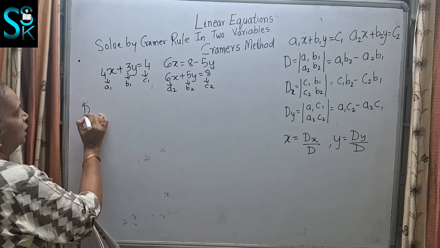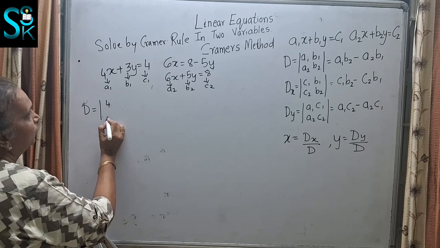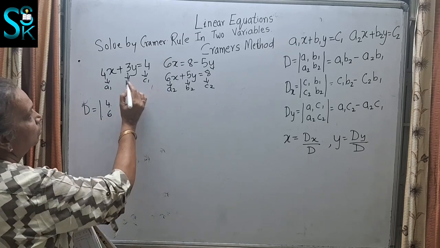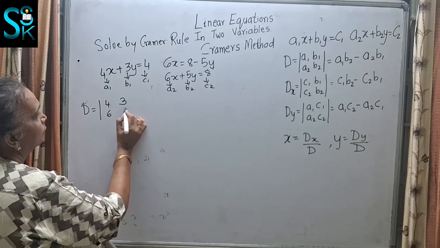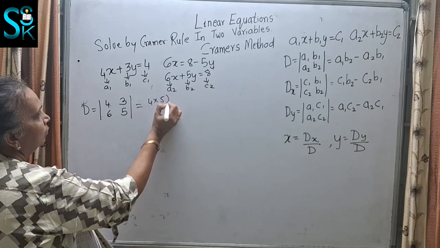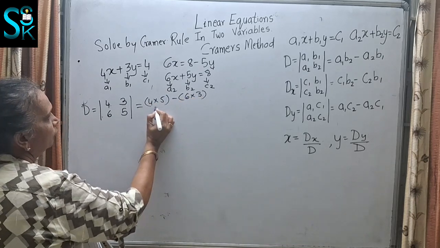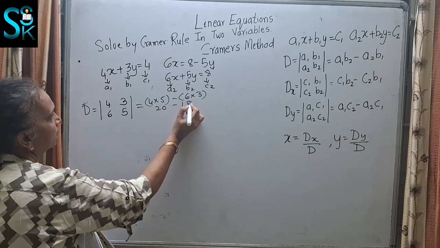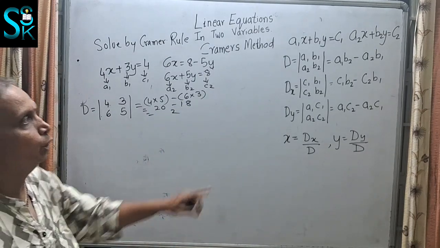Okay, so now I am taking D is equal to A1 means 4, A2 means 6, B1 means 3 and B2 means 5. Then 4 into 5, one bracket, minus 6 into 3, another bracket. 5 fours are 20, minus 6 threes are 18, that is 2. So the value of D we got as 2.